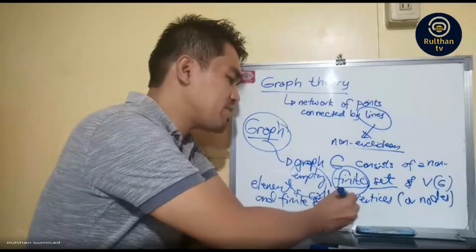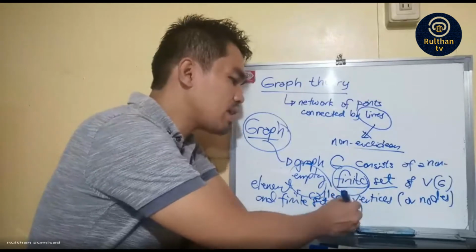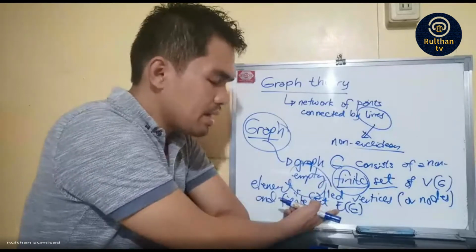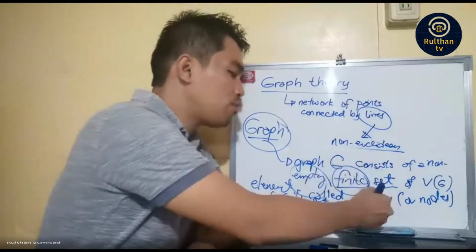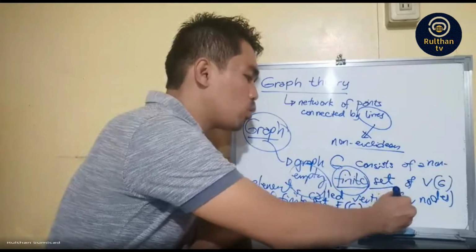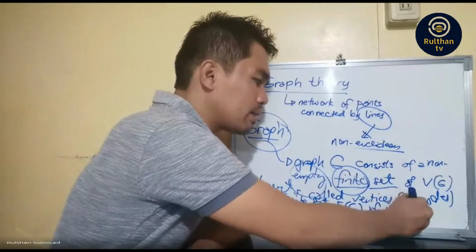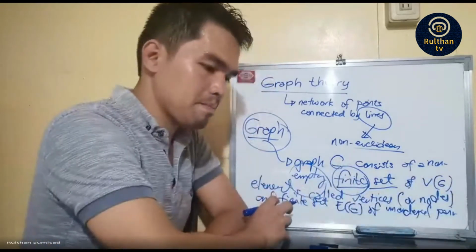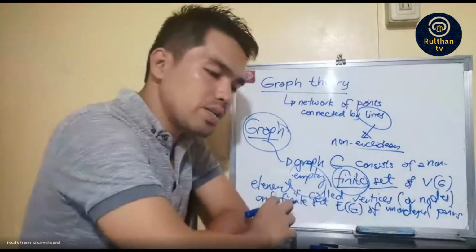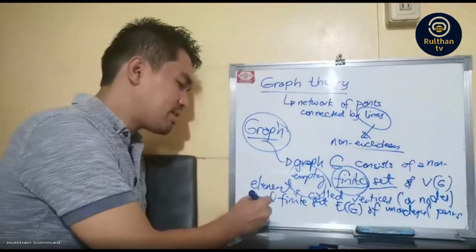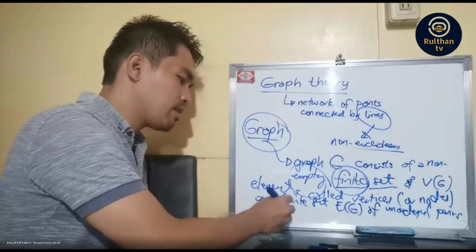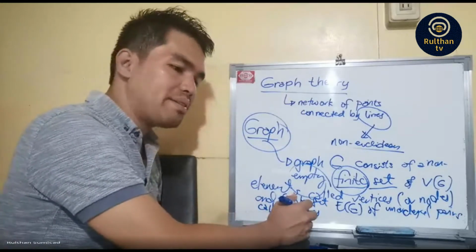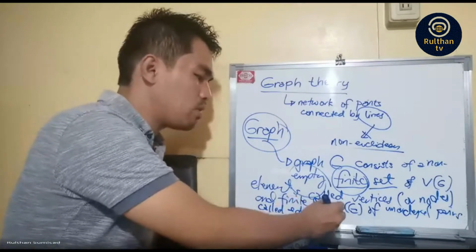of E of G. You notice this is actually a set. The set E here is defined to be a set of ordered pairs, called edges or edge family.